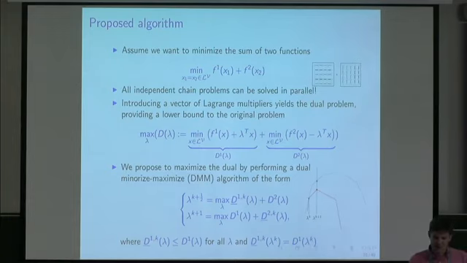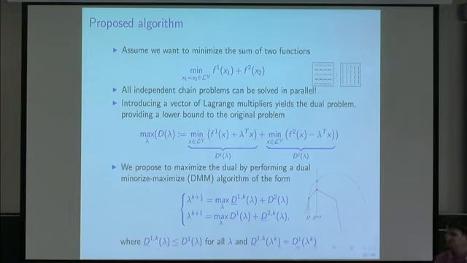And the idea of the algorithm is the following. So the sum of d1 of lambda and d2 of lambda is complicated to maximize, to optimize, because there's these horizontal and vertical chains. But one of the two functions is easy to optimize, because d1 of lambda is just independent vertical chains, and d2 of lambda is just independent horizontal chains.